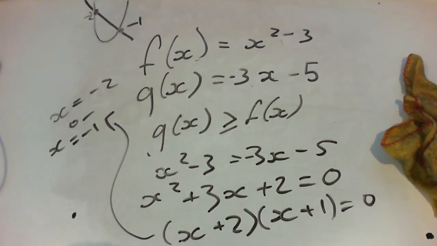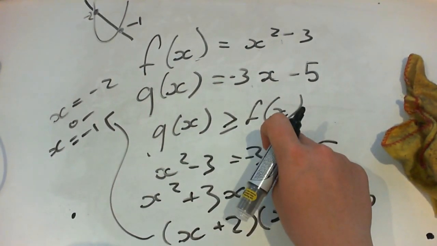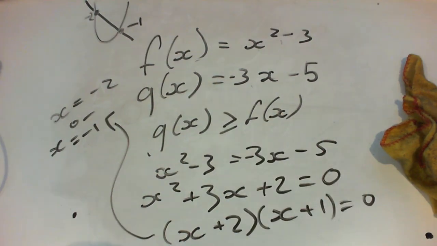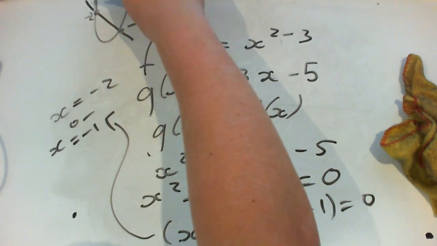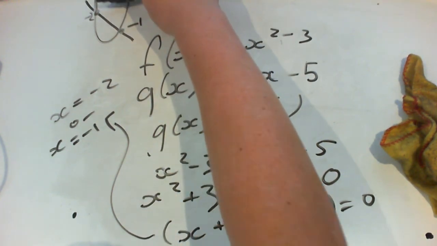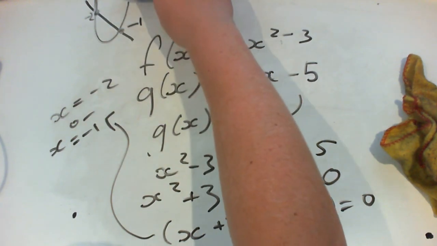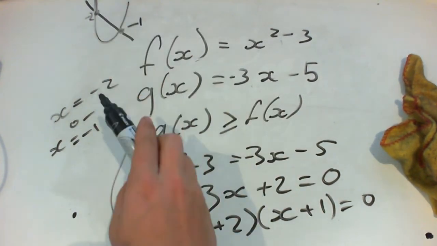Which means, where is g of x greater than f of x? Above this, less than negative 2, f of x is bigger, because the parabola is above.